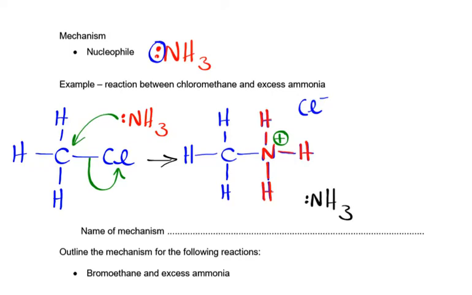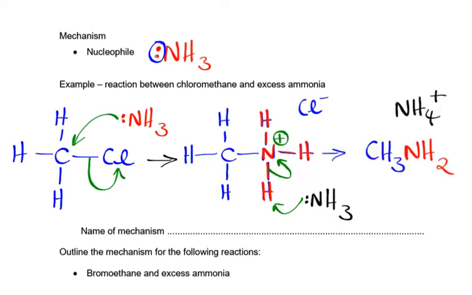So there's another ammonia entering. It could pick any of those 3 hydrogens off. I'm just going to pick that one, and then the pair of electrons bonded between the nitrogen and hydrogen go back to the nitrogen. What will that give us? So there's our organic product.